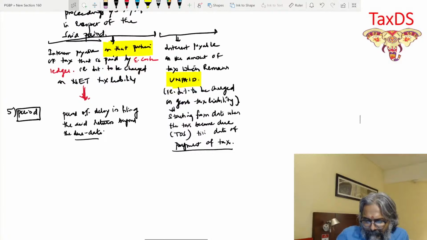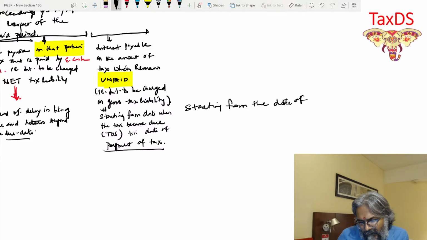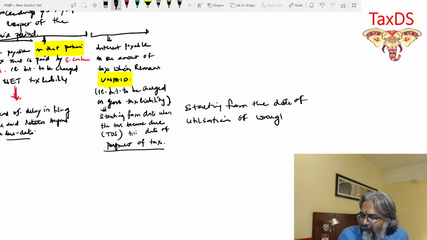Point number 5. So the period, students, would be in this regard starting from the date of utilization. Utilization of what? Of wrongly availed ITC. Till which due date?